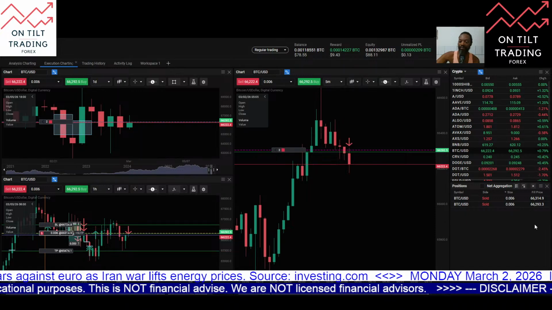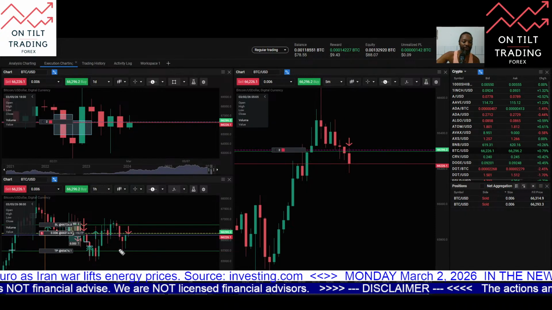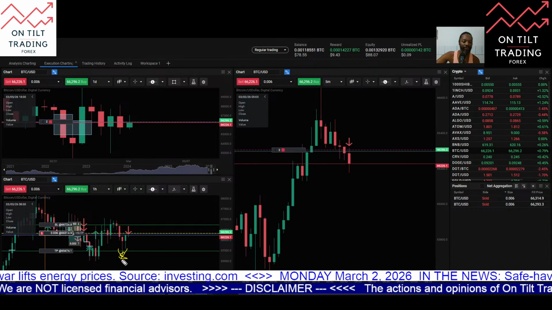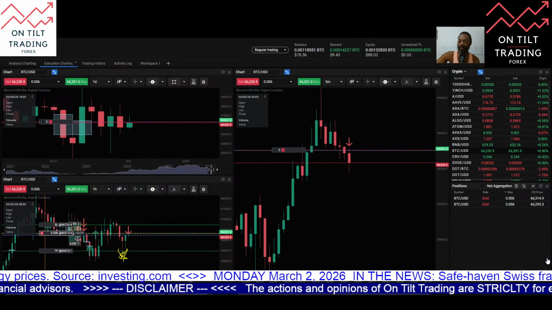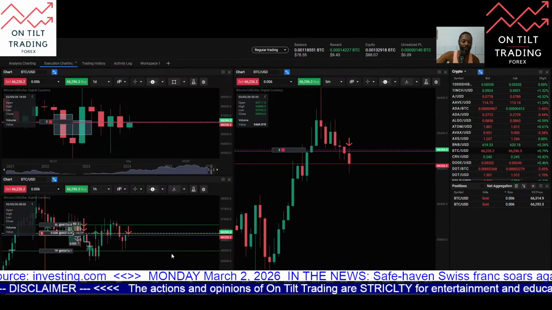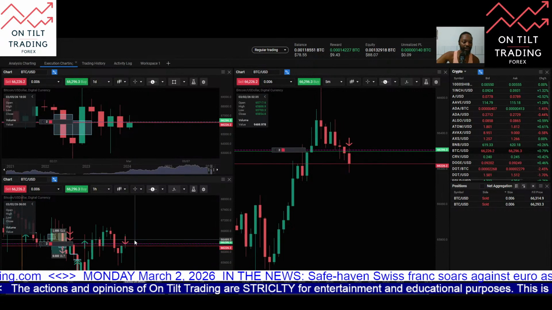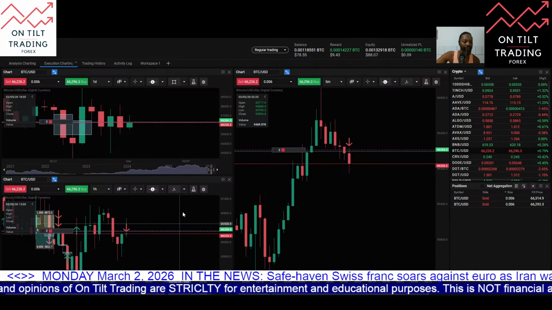And then here, this 1 hour swing low, there's liquidity resting below that, which is also the current low of day for today here on Bitcoin.